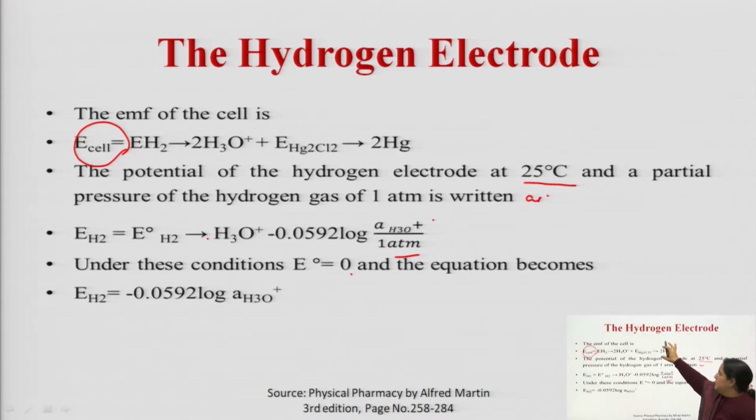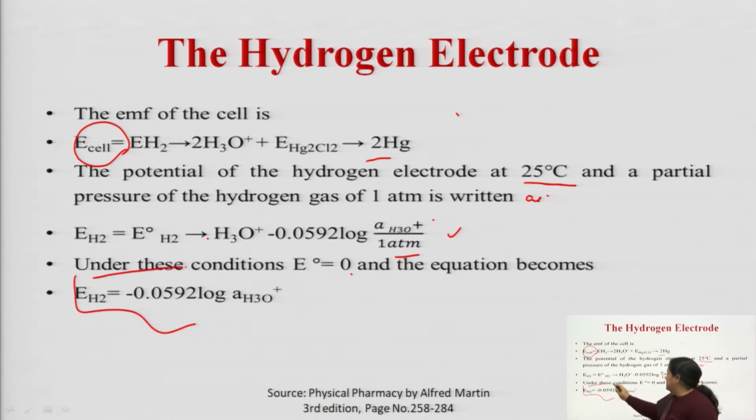So, the EMF of the cell was given by this equation, and the potential of the hydrogen electrode at 25 degree centigrade is given by this equation. Under these conditions the E naught is 0 and the equation reduces to E H2 equal to minus 0.0592 log activity of hydronium ion.